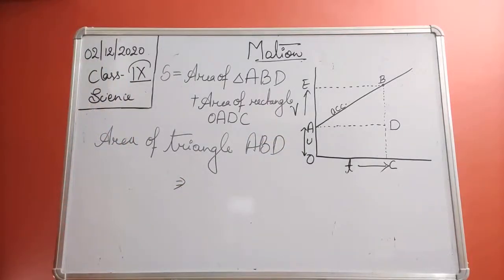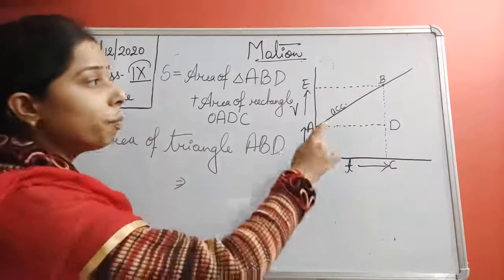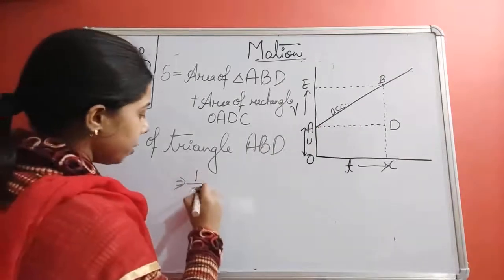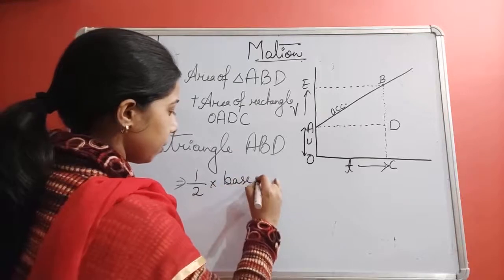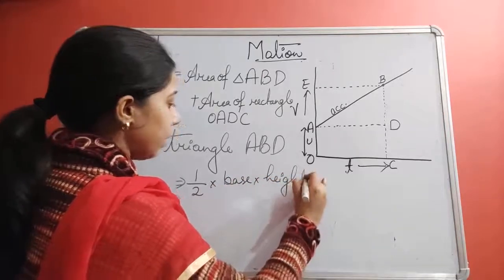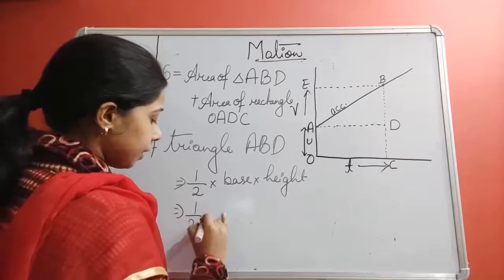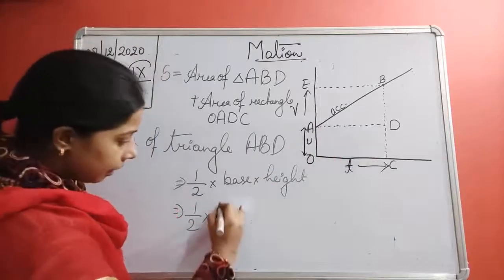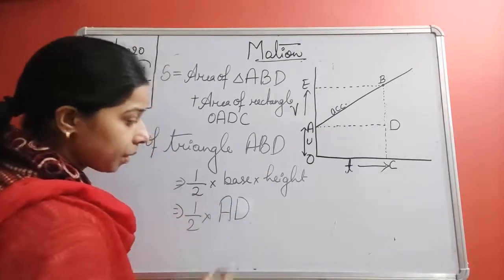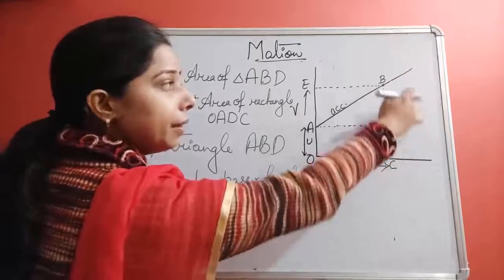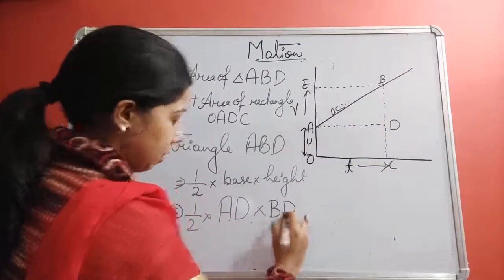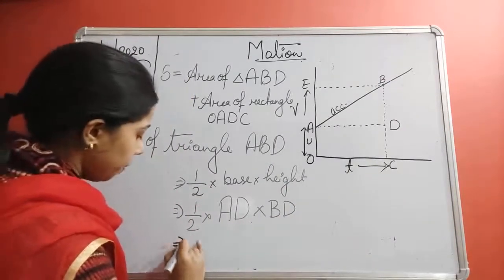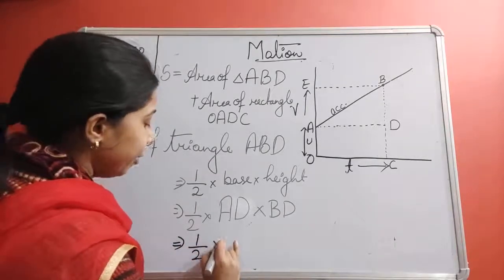The area of the triangle will be equal to half into base into height. If we look at this triangle, what is the base here? The base will be AD, and the height will be BD. So it will be half into AD into BD.